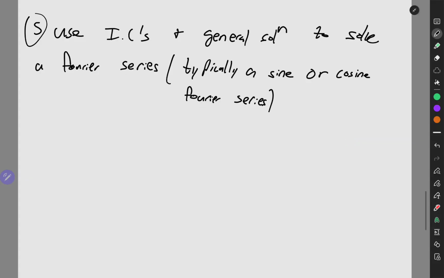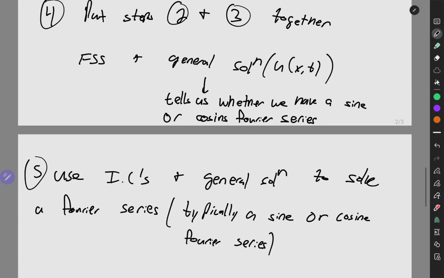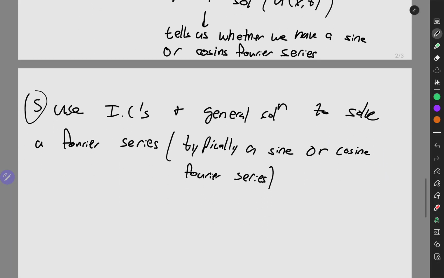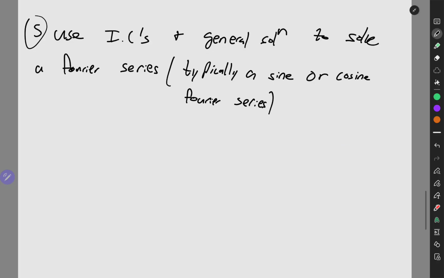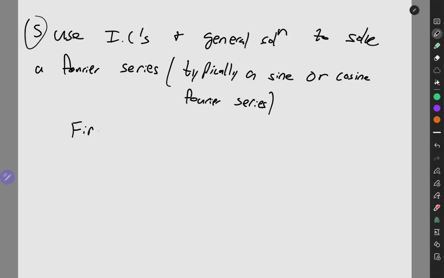And what step 5 does when we solve the Fourier series is we write out the general solution, right? But then we're going to have what's known as Fourier coefficients, or Fourier series coefficients. So we want to find, and of course this will all make more sense later, the Fourier series coefficients.